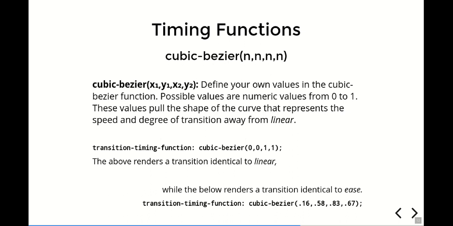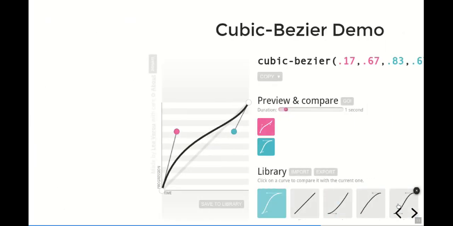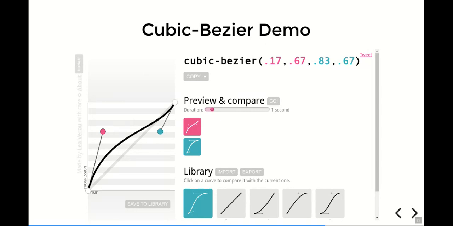In the next slide we'll look at an example, but they basically take the movement of the animation away from a center line, and that center line is represented like this, or can be represented like this. So in this case, here's our basic easing function. This is our cubic Bezier, and we'll manipulate that in a second. And this is the basic ease function, or the default ease function. And you can watch how they change.